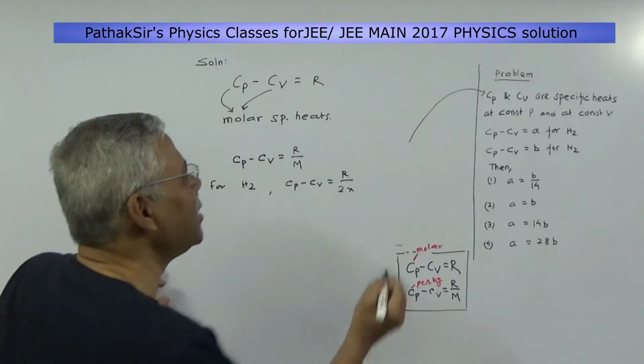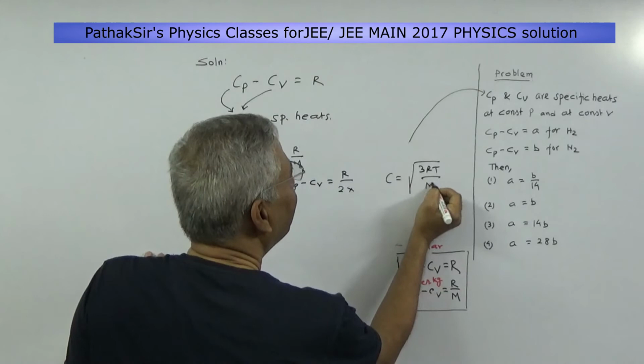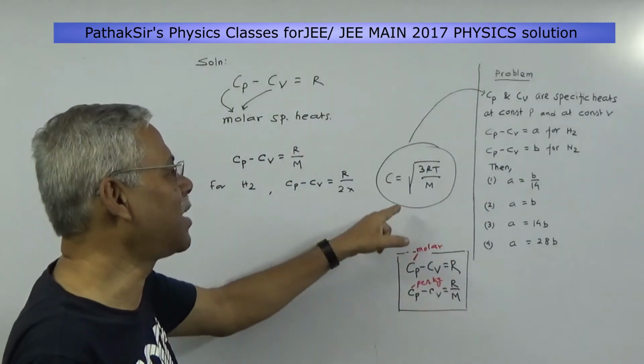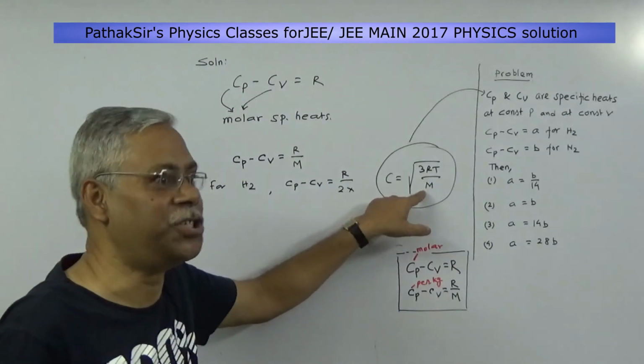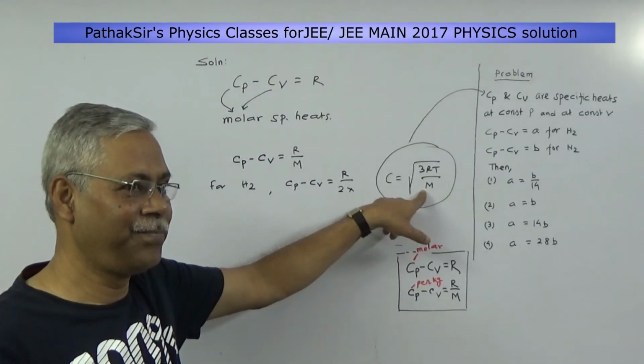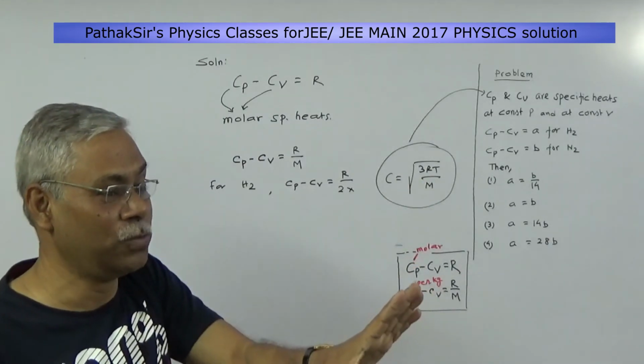Because for example, in this problem, C equal to root over 3RT by M, RMS speed. Suppose the question has come based on oxygen. What value will you put in place of M? 32 into 10 to the minus 3. Do not just put 32.